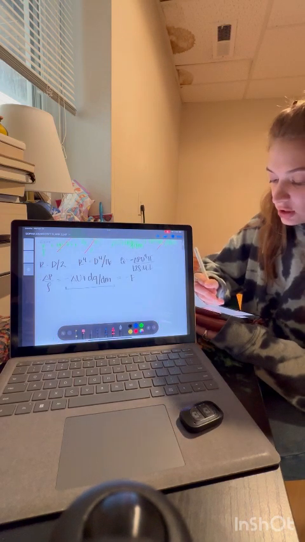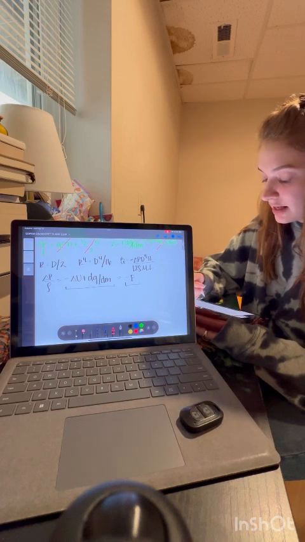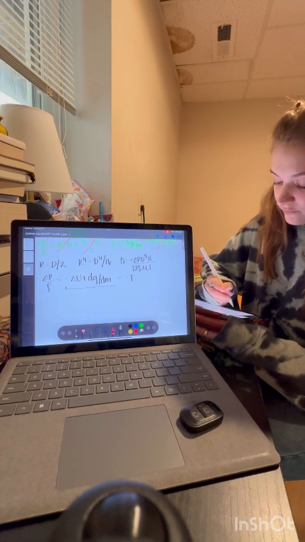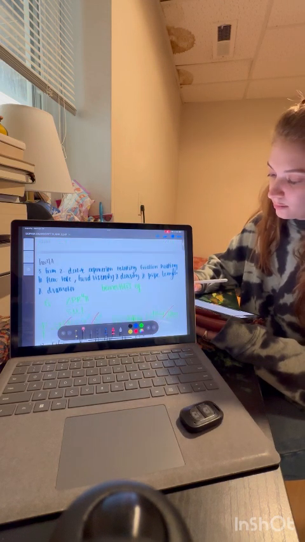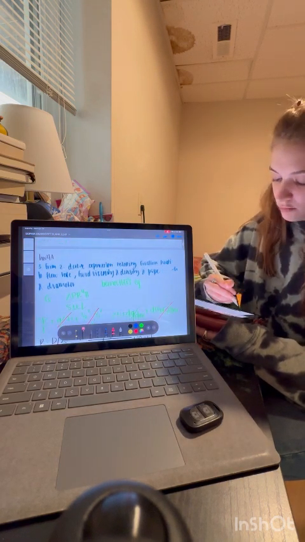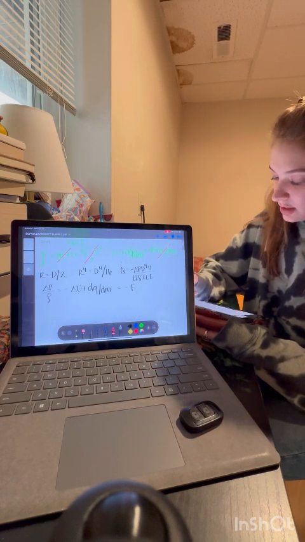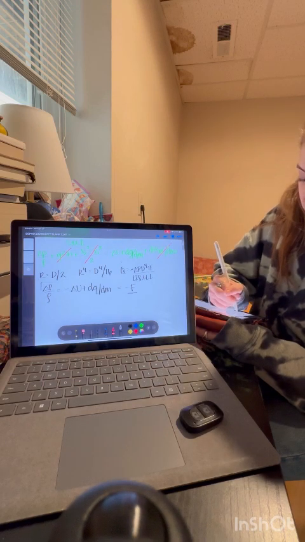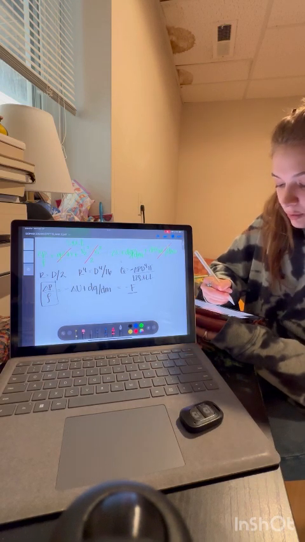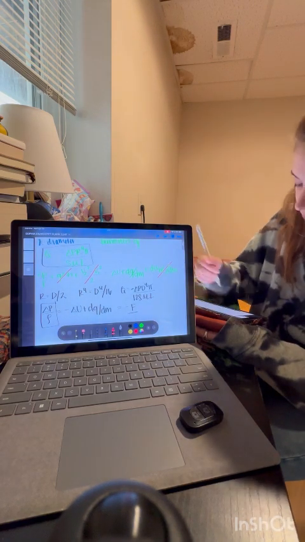So that is our internal plus our external heat, and that can be identified as friction heating. So what we're going to want to do is figure out a way to incorporate this, and that will be done using this equation.